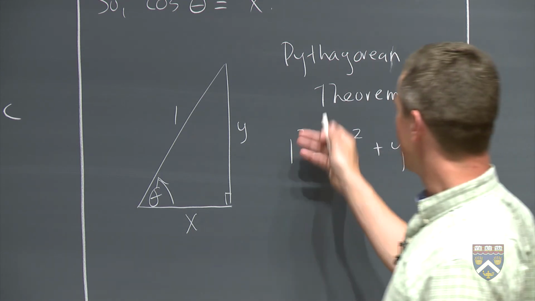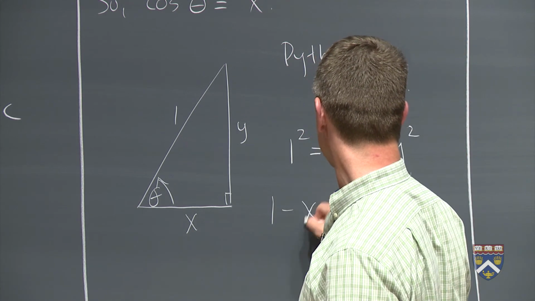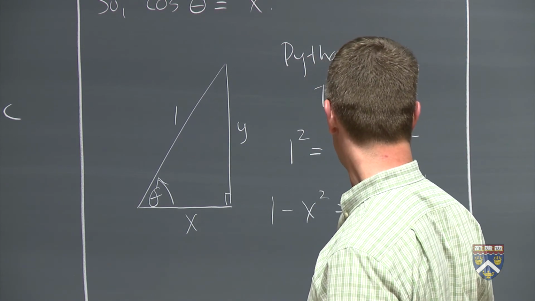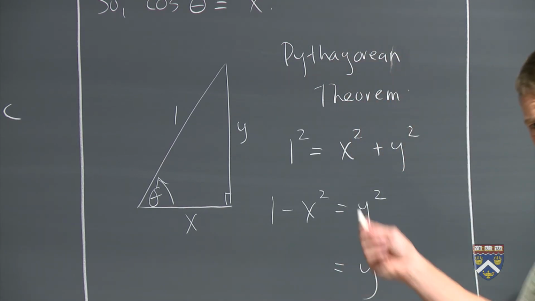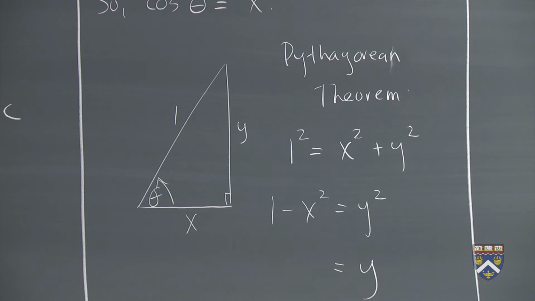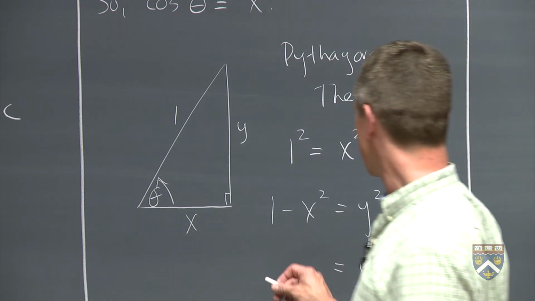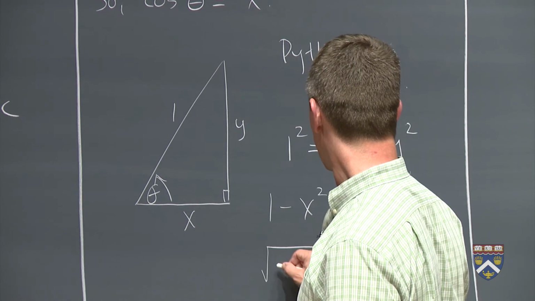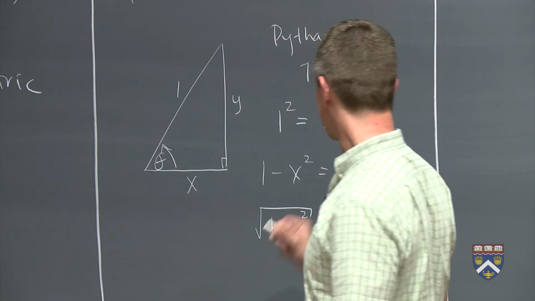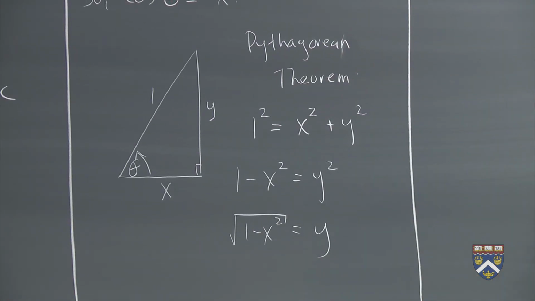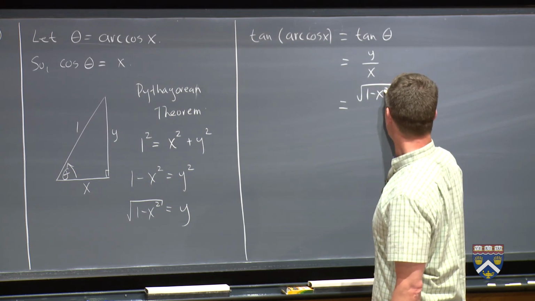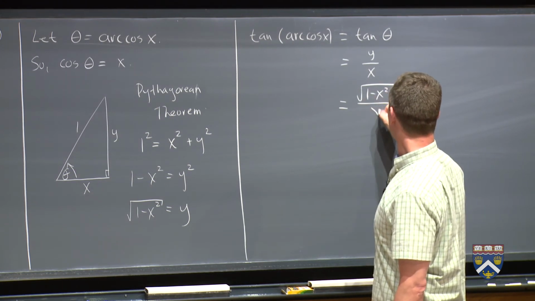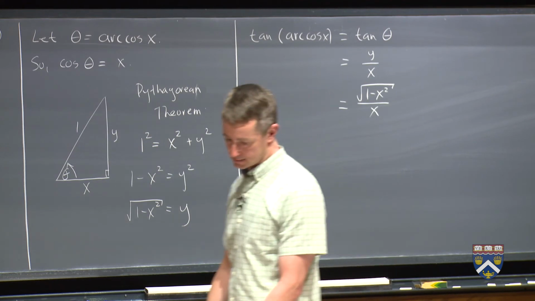So if I solve, 1 squared is just 1, minus x squared equals y squared. Here we're talking about a length on a triangle, so I can't have a negative, so I don't need to worry about putting a plus or minus. y is the square root of 1 minus x squared. Meaning that now I can replace this as square root of 1 minus x squared all over x.